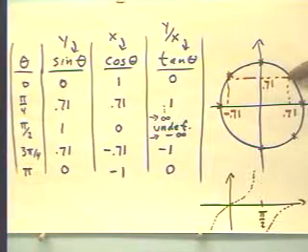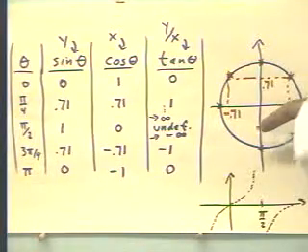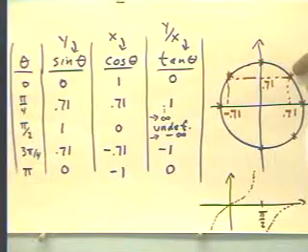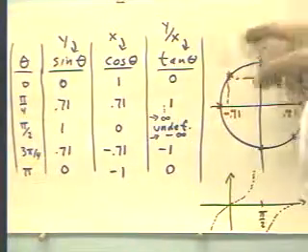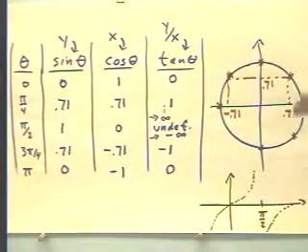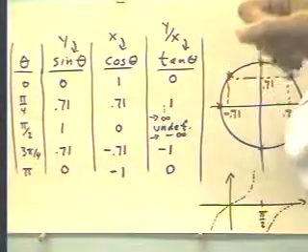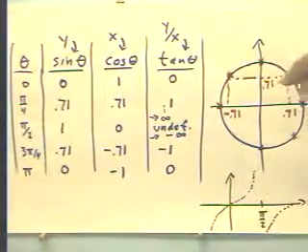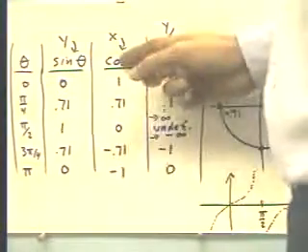But the y-coordinates are either going to be positive 0.71 or negative 0.71 for all the multiples of pi over 4 that don't coincide with the two coordinate axes. The x projections, 0.71 here, negative 0.71 here, are going to be the cosine values. So we can see from this picture how to get the sine and cosine values.